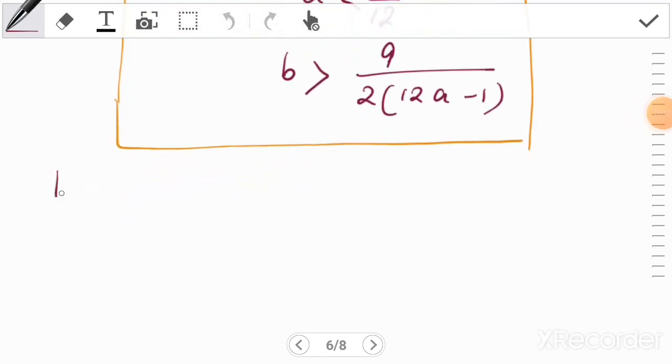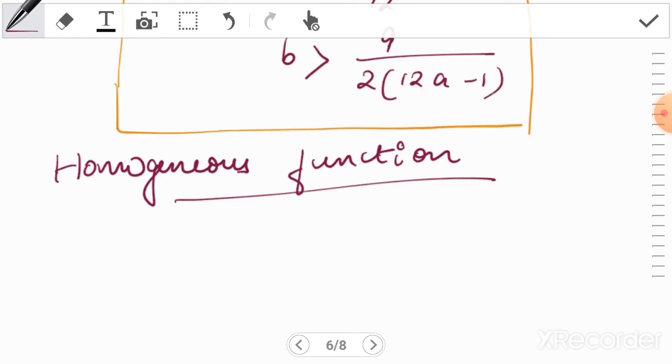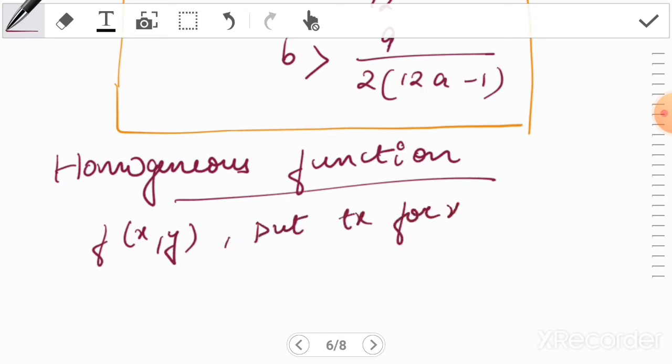Next is homogeneous function. An expression in which every term is of the same degree is called a homogeneous function. To test whether a function f(x,y) is homogeneous, put tx for x and ty for y in it.